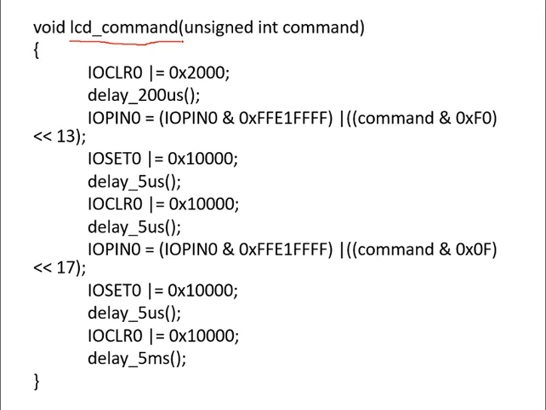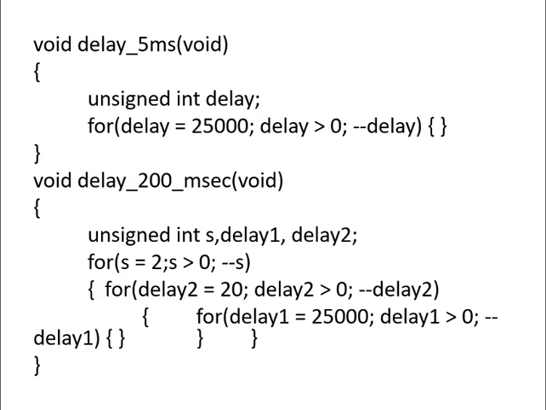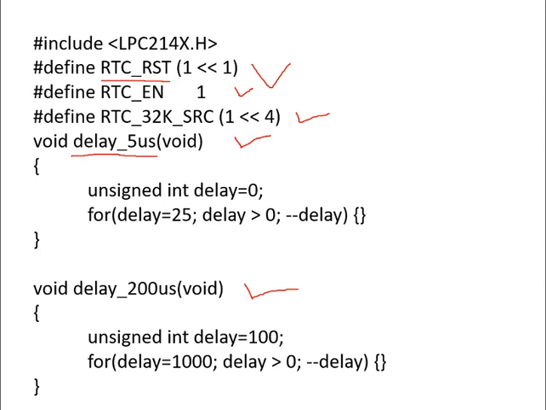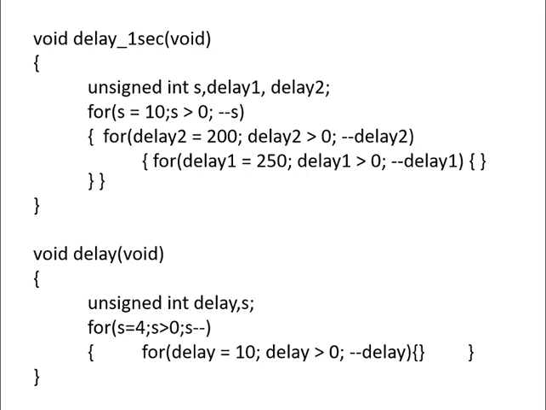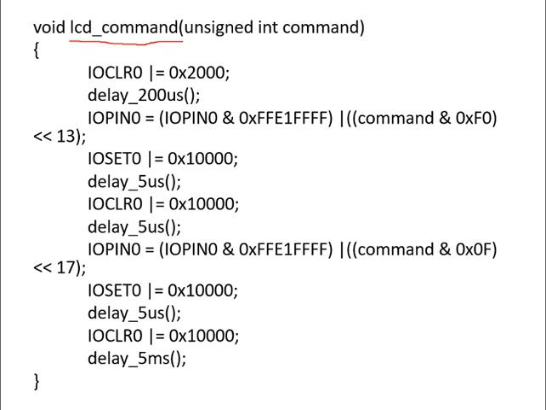Before going with this, what we are actually going to do is interface an LCD with the LPC2148, and when you turn on the RTC, its output will be given to the LCD. So for that we have to initialize the LCD and write the LCD unit. Here we have used a 4-bit LCD.